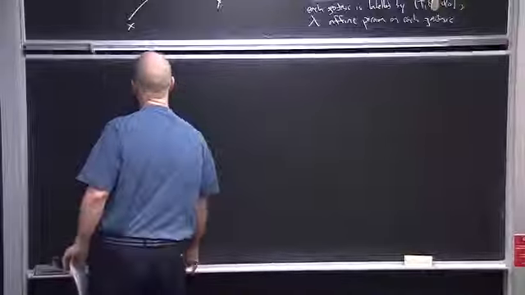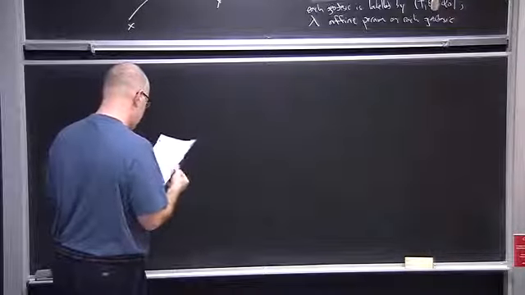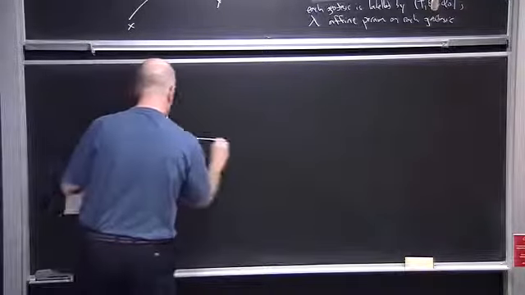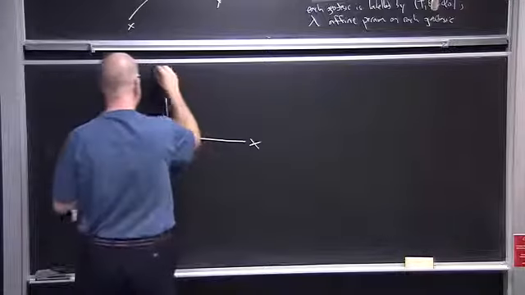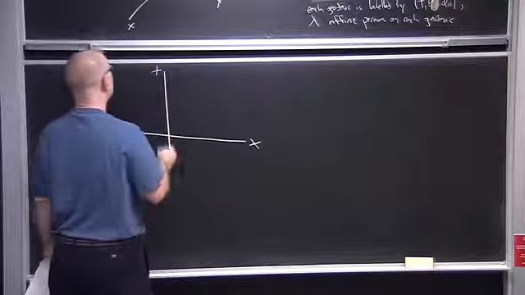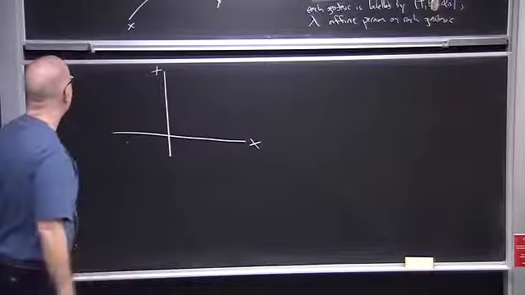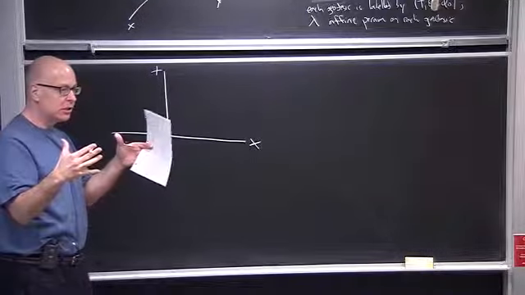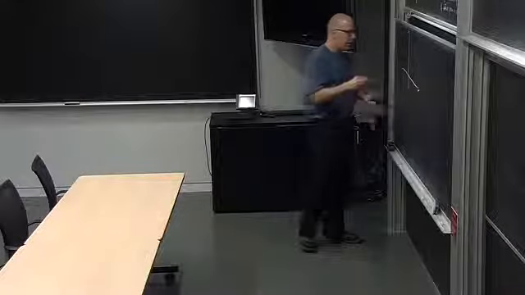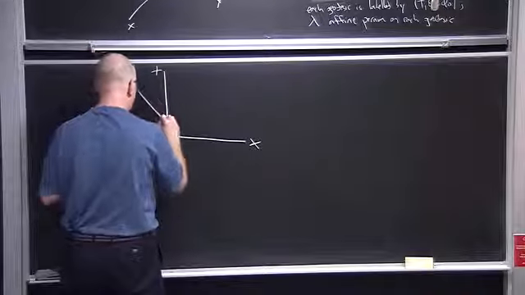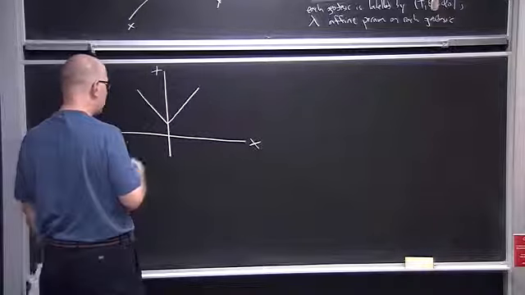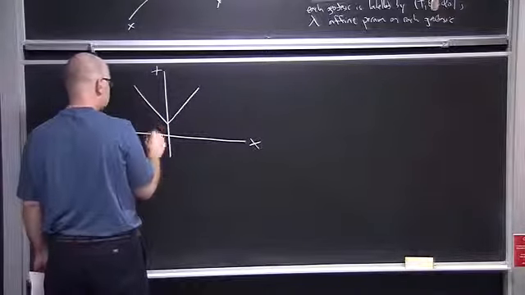So here I'm going to suppress 2 dimensions. So I'm going to have time running upwards like this. I'm going to have x running sideways. And with 1 dimension suppressed, my 3-dimensional network of geodesics, which was looking like a cone, is going to be looking like a wedge, like a triangle, like this.